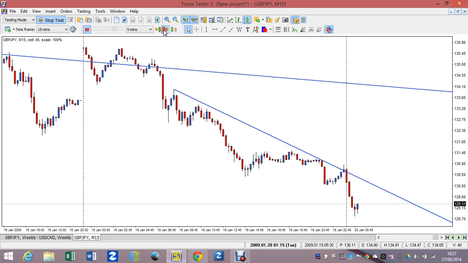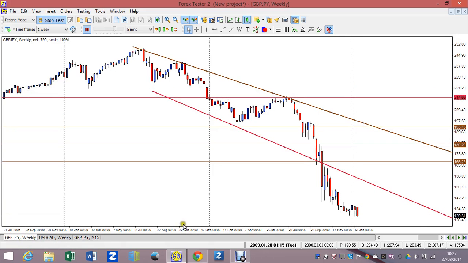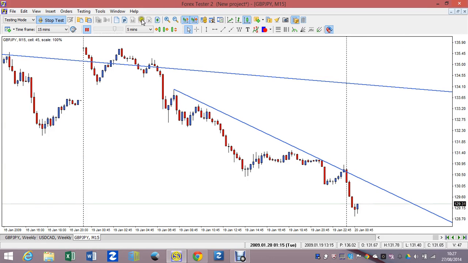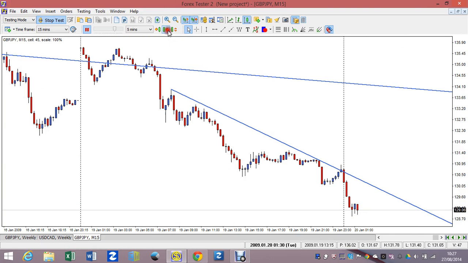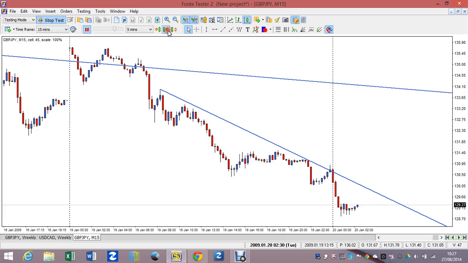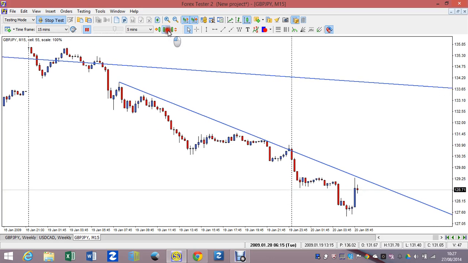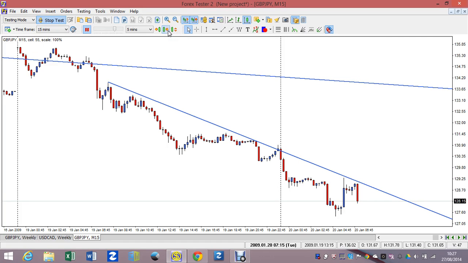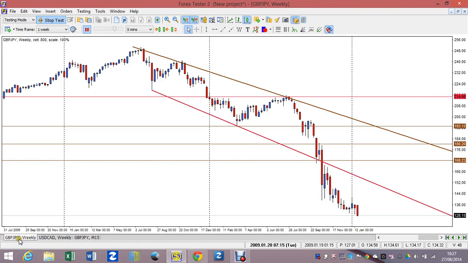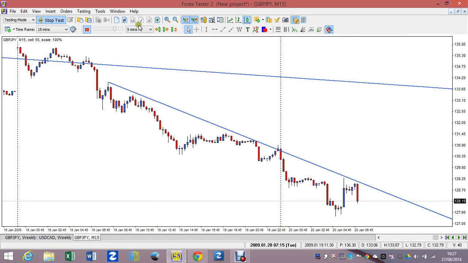Nope. Okay, we're right at the base of the pin. It's probably a break below.